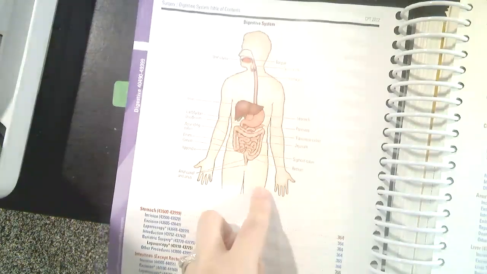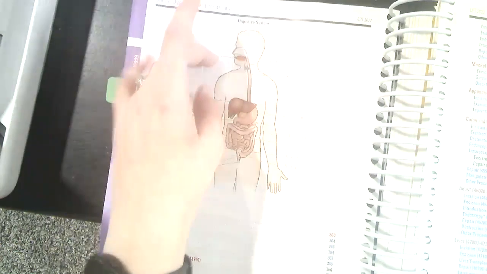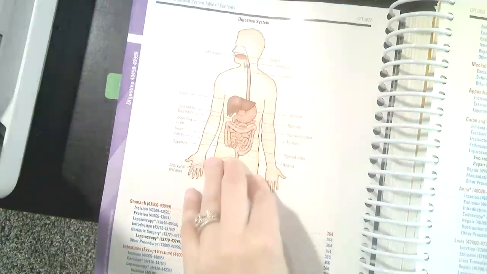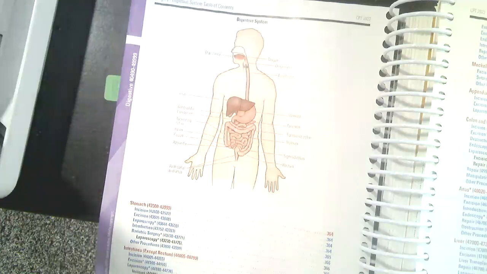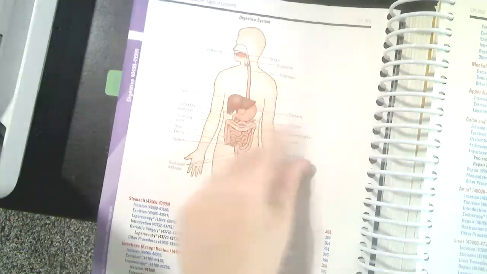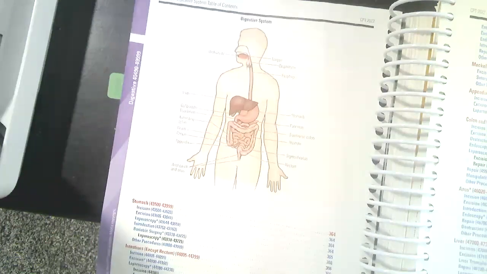Make yourself familiar with this illustration so you understand it does start with the mouth and goes all the way through the body, and there's a lot of organs associated with it, okay? Ones that don't immediately come to mind are the liver, the pancreas, and the gallbladder. You might not immediately think about the digestive system when you are presented with discussions, codes, or reports about those structures, but those are included in this chapter.